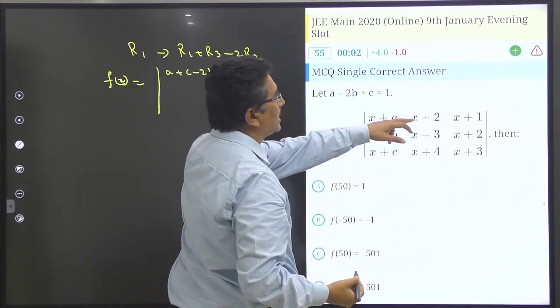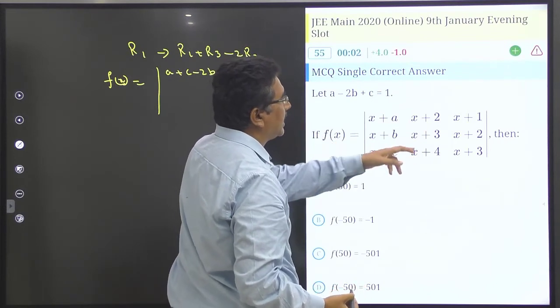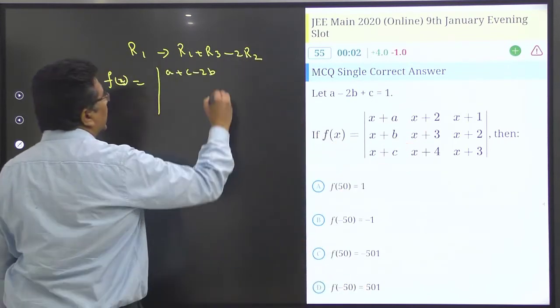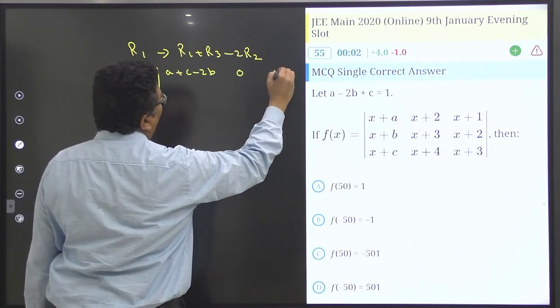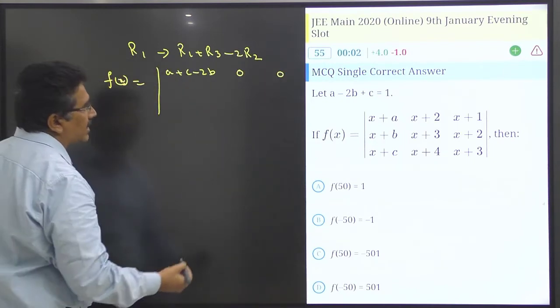Now x plus 2 plus x plus 4 minus 2 times x plus 3 gives 2x plus 6 minus 2x plus 6. This element will be 0 and this element will be 0. The remaining elements are the same.